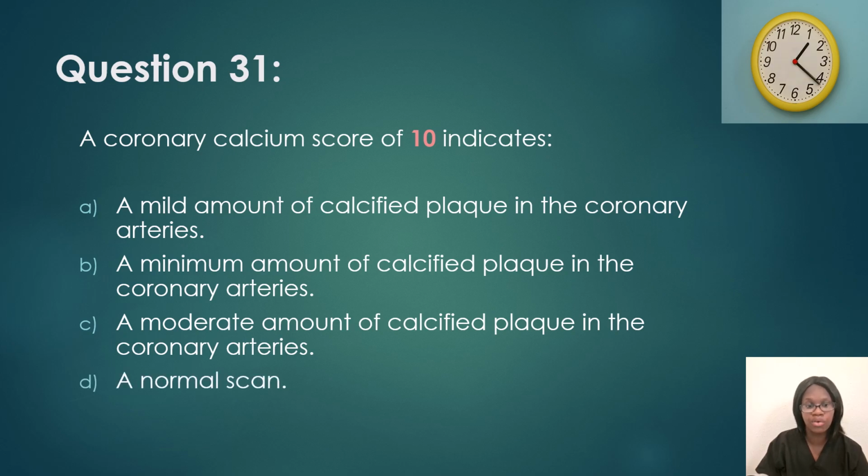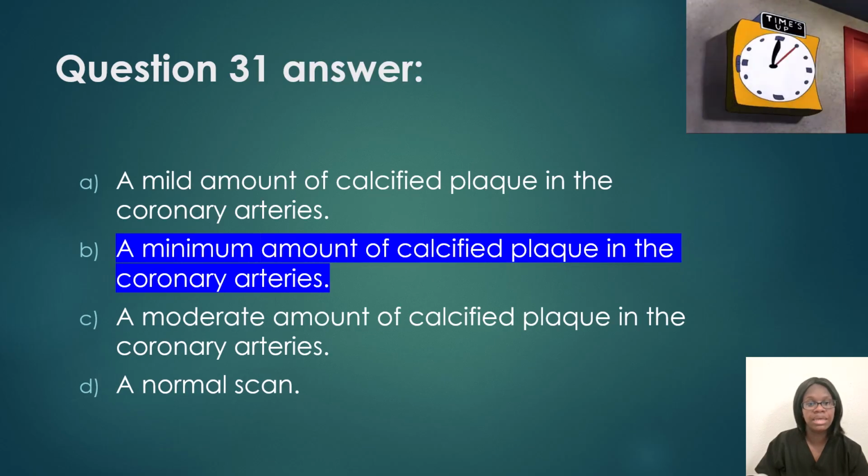Or D, a normal scan. All right, the correct answer is B, a minimum amount of calcified plaque in the coronary arteries.